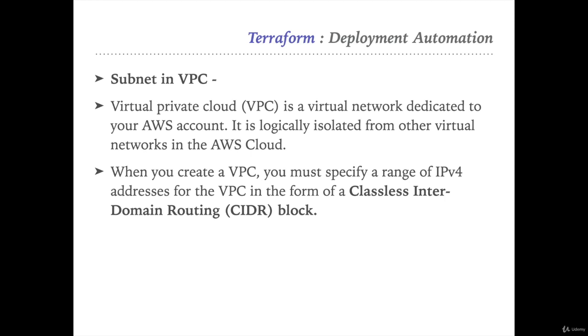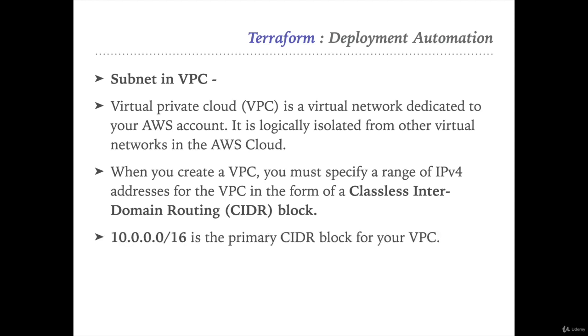So whenever we define the VPC, we need to define the IP range that can be associated with the machines which are going to spin up in that VPC, right? And that IP range must have the CIDR block range.